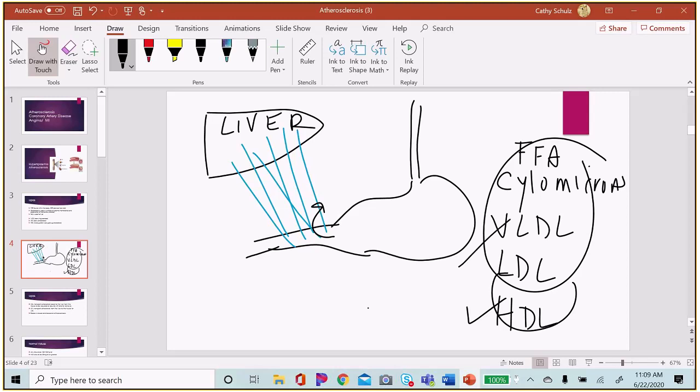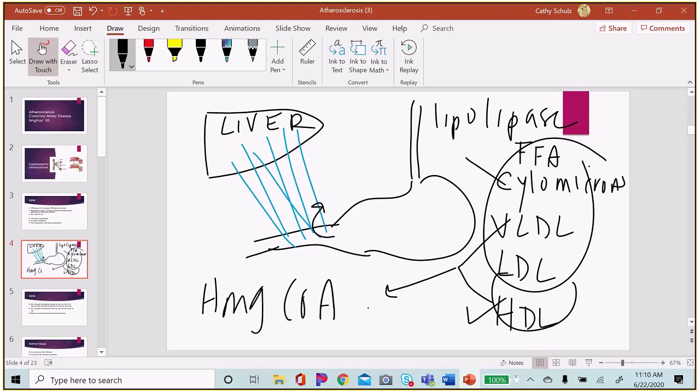The actual creation of these products is dependent on certain enzymes. To create the packaged triglyceride, we need a lipoprotein lipase enzyme. To create the VLDL, LDL especially, and HDL, we need HMG-CoA reductase, which is an enzyme that helps produce these cholesterol and protein molecules.